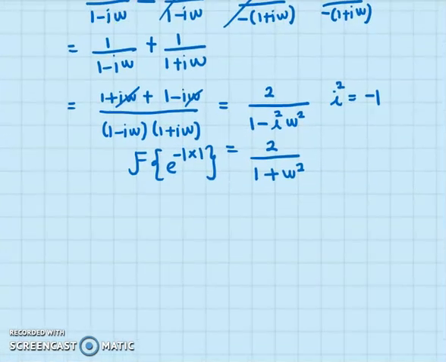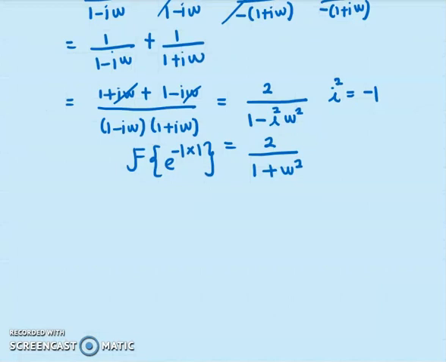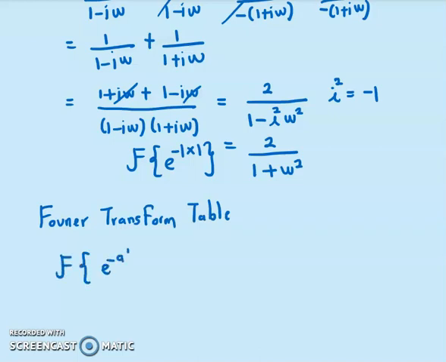Now we need to know that if you refer to the Fourier transform table, you can actually see that from the table it is given by 2a over omega squared plus a squared.